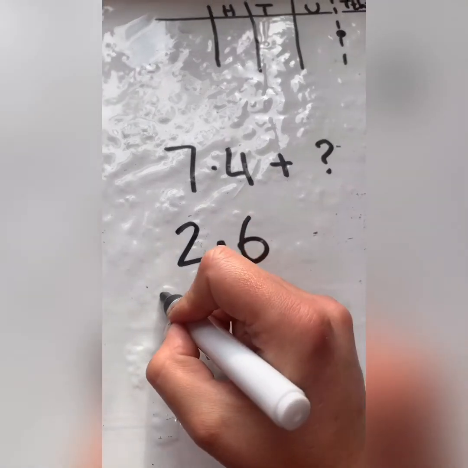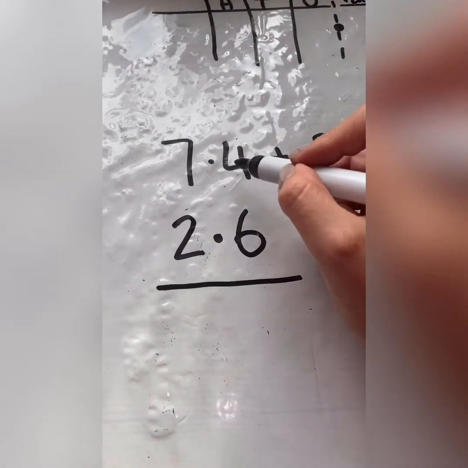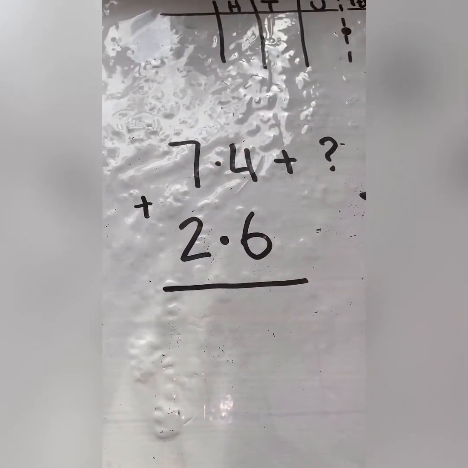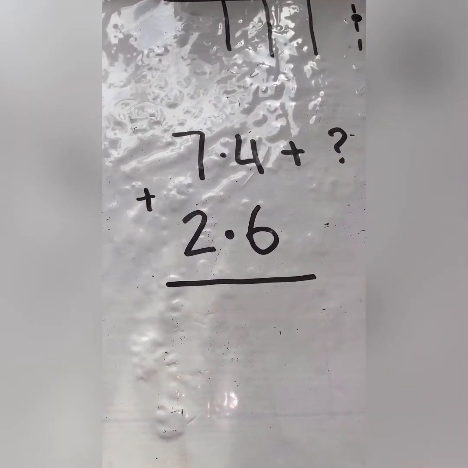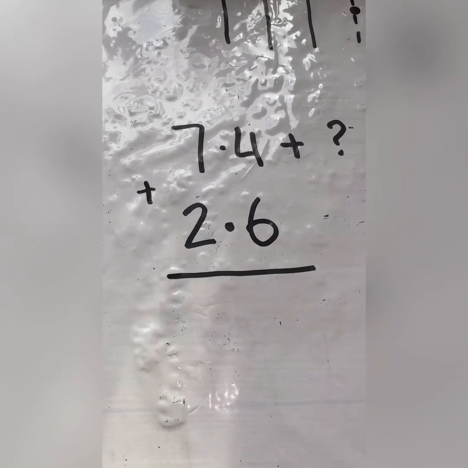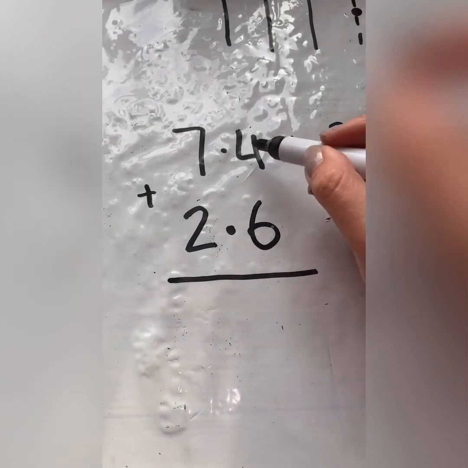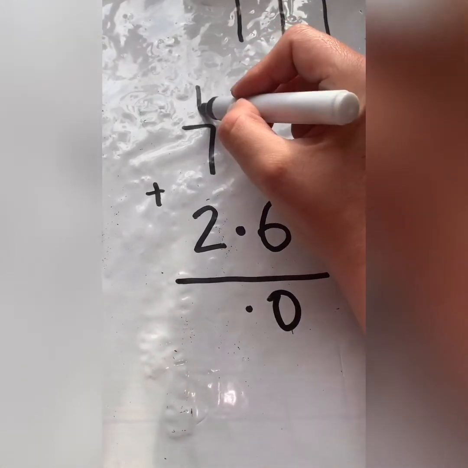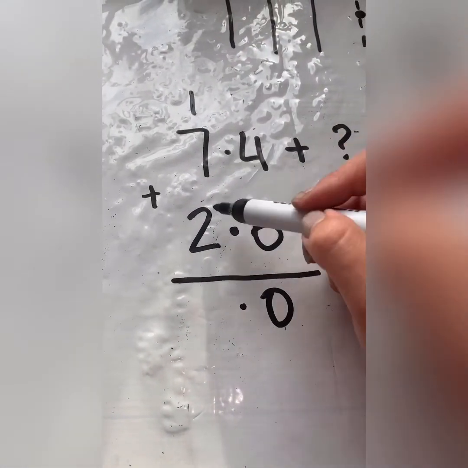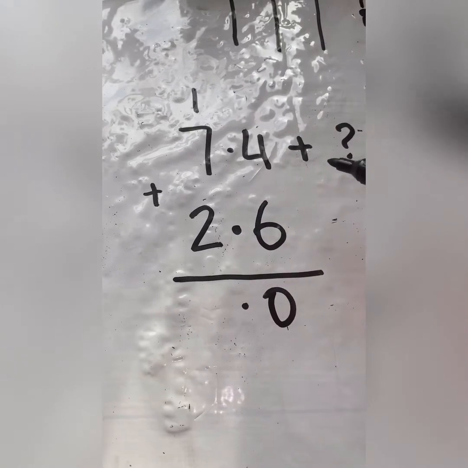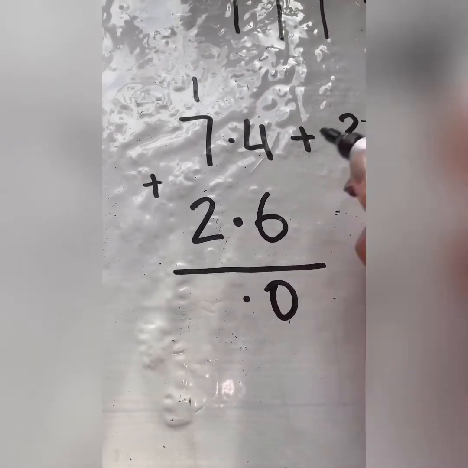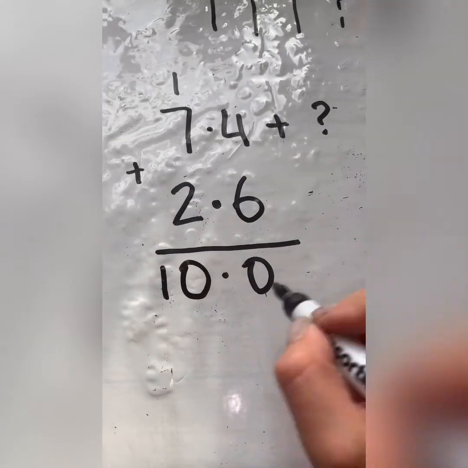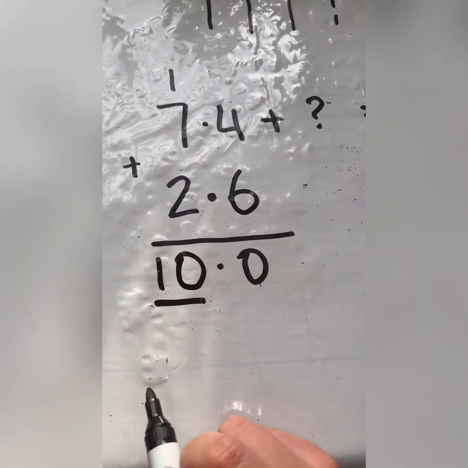So I can use my jigsaw knowledge here, which is also very similar to our written column sum. So 6 plus 4 equals 10. 7 plus 2 plus 1 equals, that's right, 10. And there we are. The answer is 10.